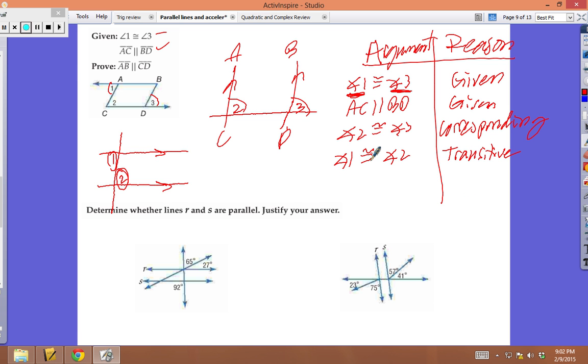And then if 1 is congruent to 2, that must mean AB is parallel to CD because alternate interior angles are congruent, and that only happens in parallel lines.